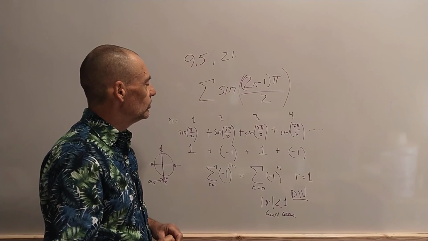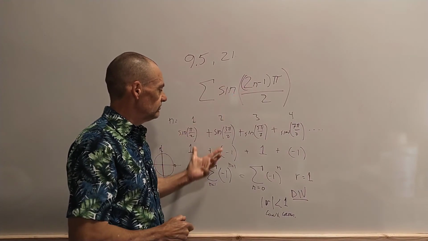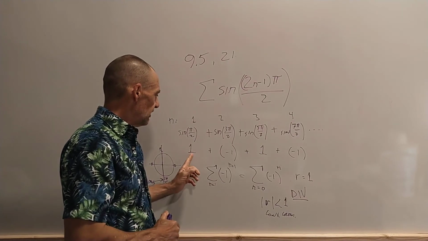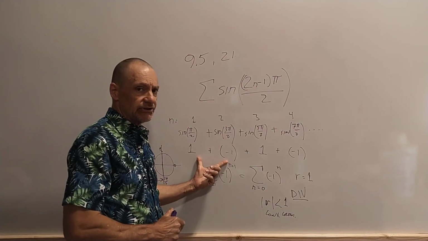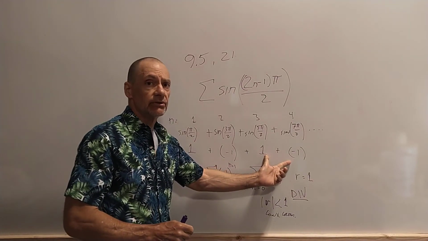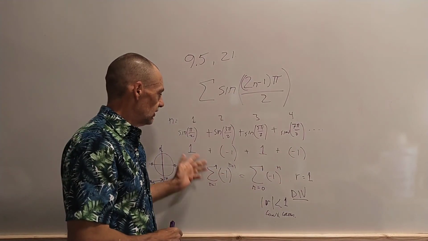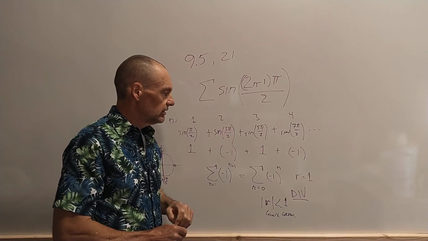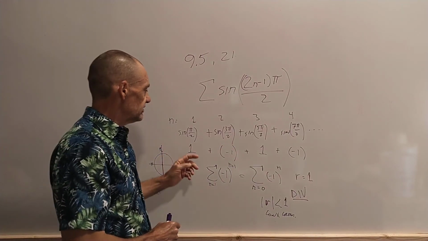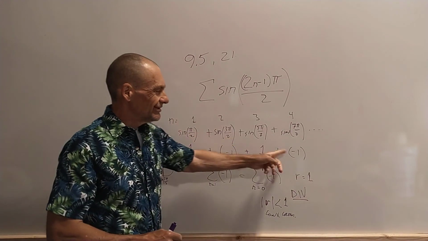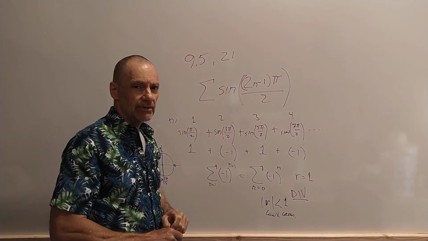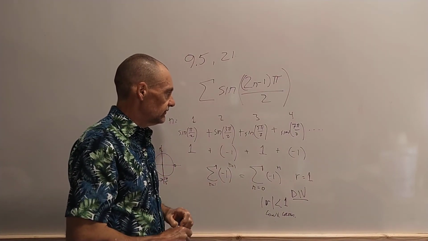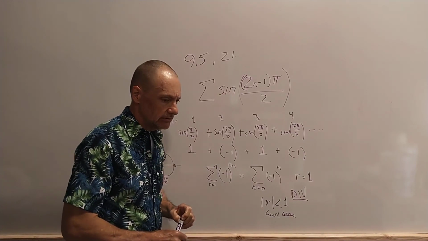The terms are just a bunch of 1s and negative 1s: 1 plus negative 1 is 0, and so on. So it's all going to add and subtract out to 0, but remember, this thing goes to infinity, so there's always that last term that causes a problem. So this is a divergent geometric series.